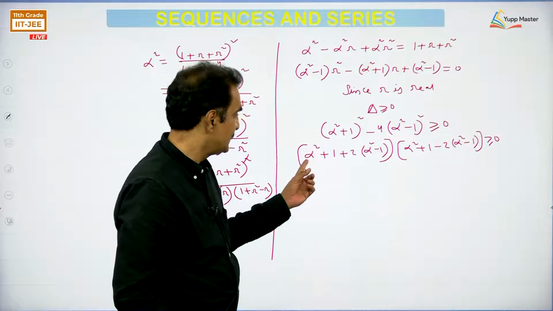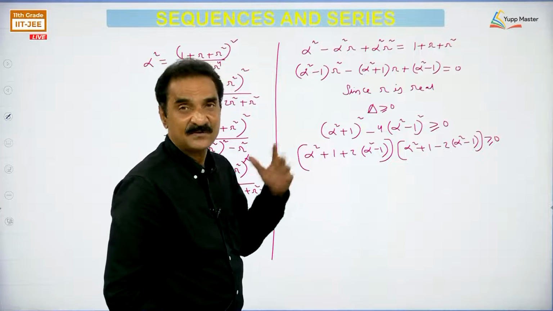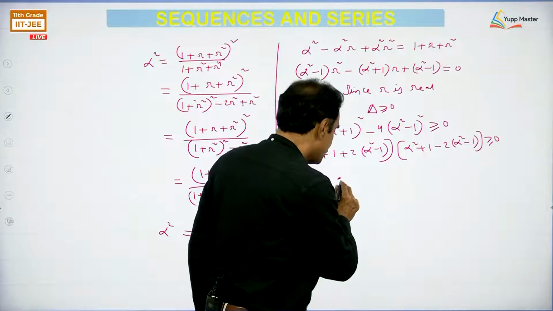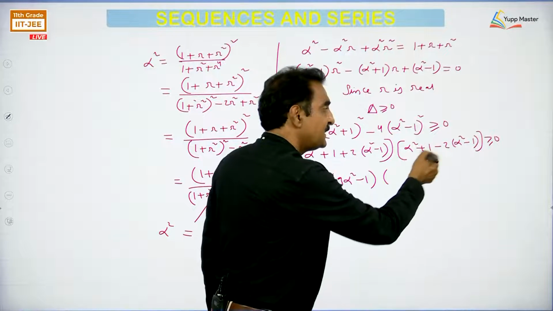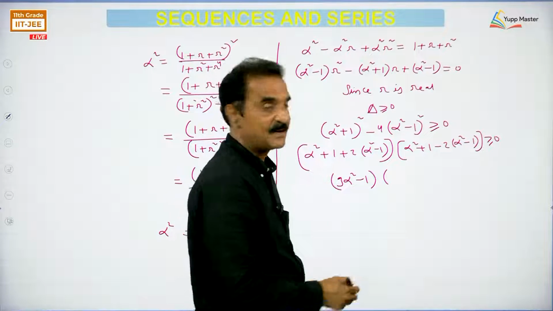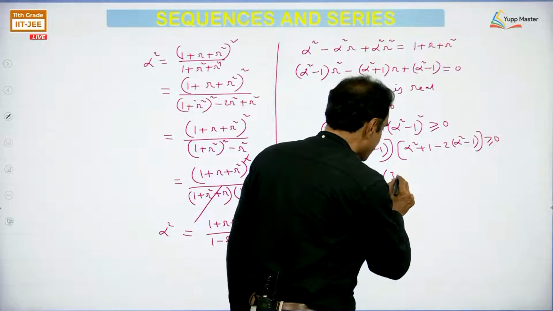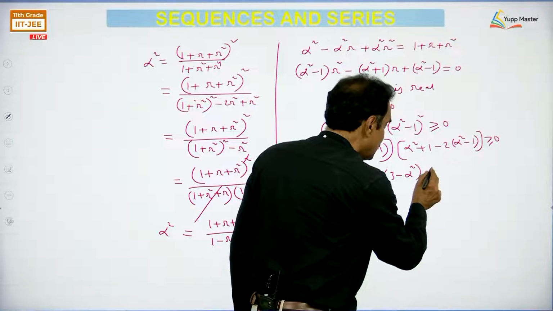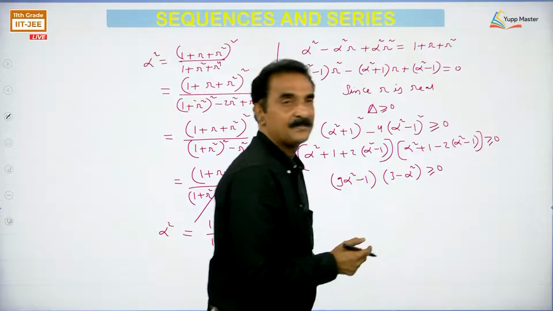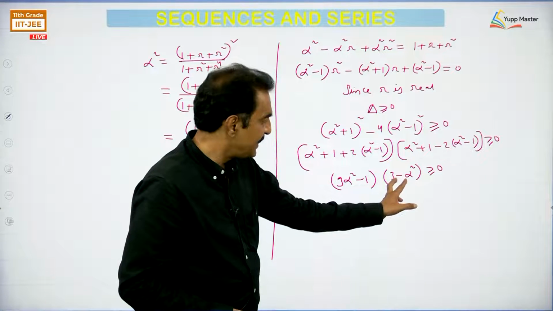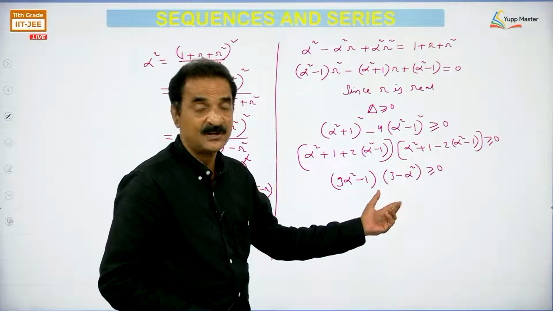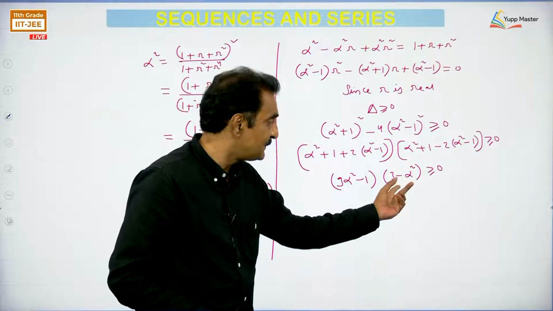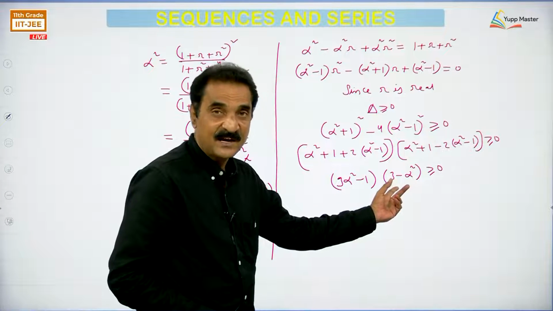And what is this? Simplifying, 3 alpha square minus 1 into, simplifying this, you will get 3 minus alpha square is greater than or equal to 0. Now, if you write this as alpha square minus 3, it will be comfortable for us to write the solution. So, I will change this as alpha square minus 3, that means sign will change.